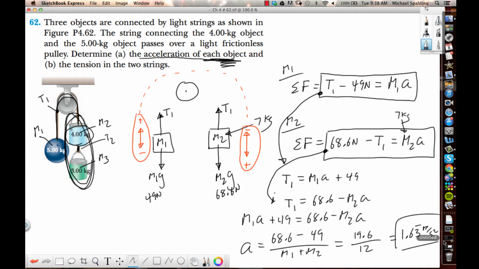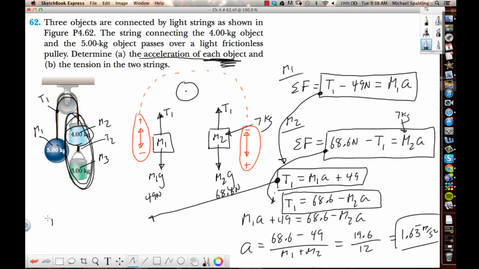Okay? Any questions at all with that? Okay, now we can easily find T1. How could we find T1? The tension in the rope that runs over the pulley. Well, you can either plug into this equation or you can plug into this equation. Either one works. Which one looks easier? Let's take the top one here.